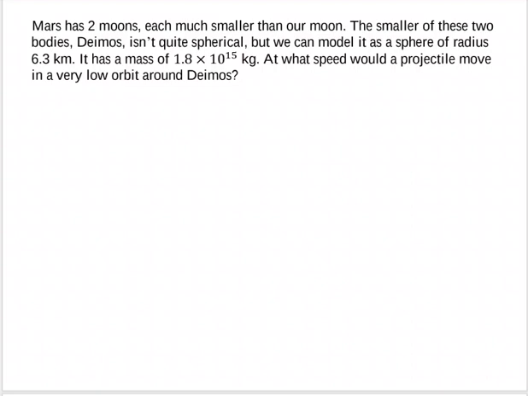So the gravitational constant, that's the big G. So we have g, the gravity of Deimos, equals the gravitational constant, capital G, times the big mass, because it's a planet, and this is the mass of Deimos, divided by big R squared, and this is the radius of Deimos. We use big M and big R for big things.